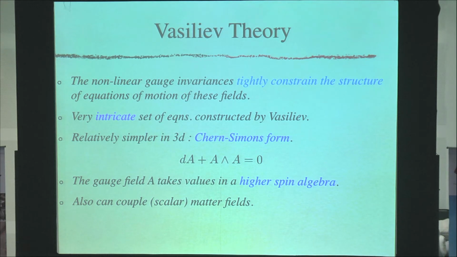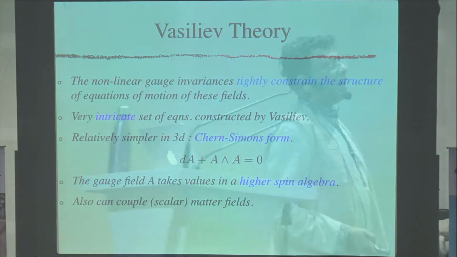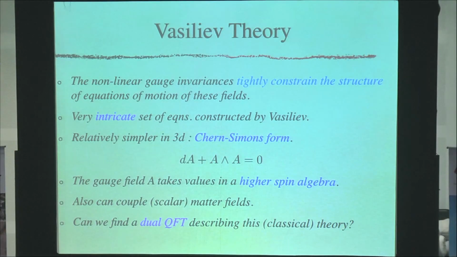In the simplest case, it's just scalar matter, and the mass and other things are fixed by the gauge symmetry. The point I want to get across is that it's a very highly constrained system of equations, but it's a well-defined, consistent classical theory, so you have these consistent theories of gravity on anti-de Sitter space.